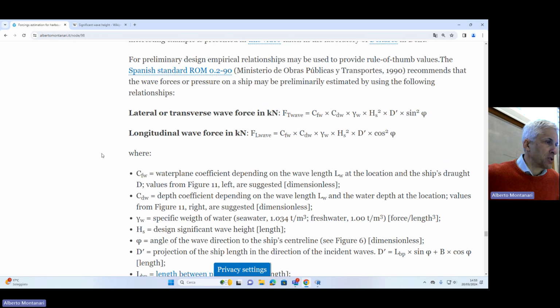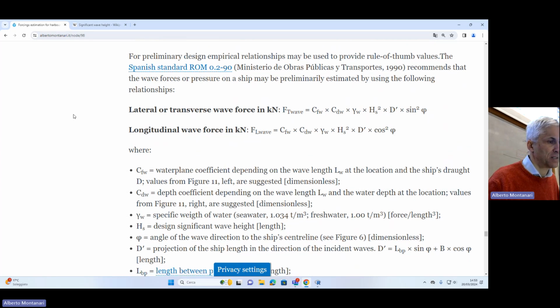And of course, there are two components which are estimated depending on the angle phi between the wave direction and the ship center line. That's it.